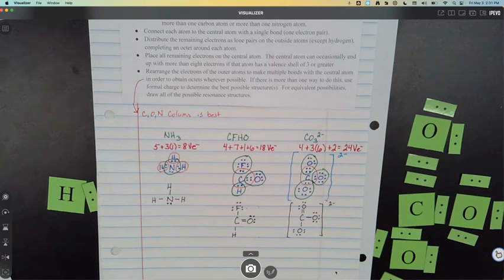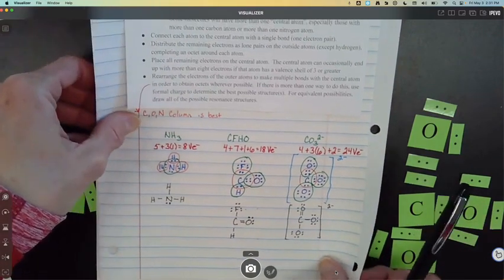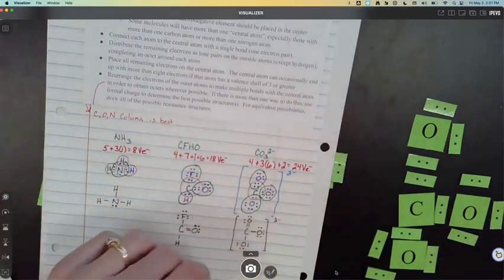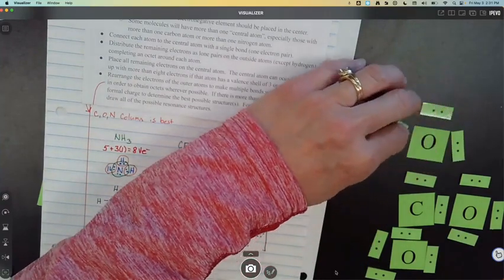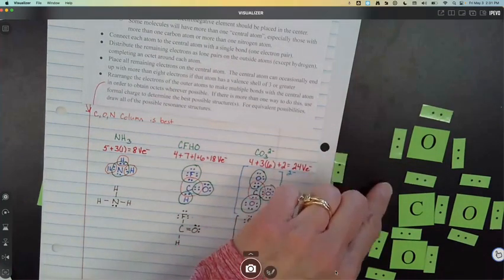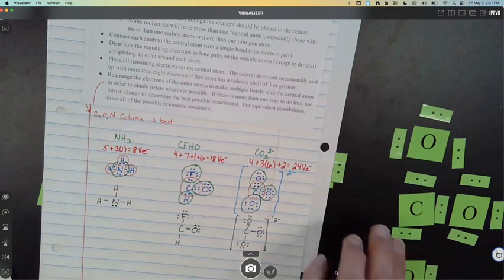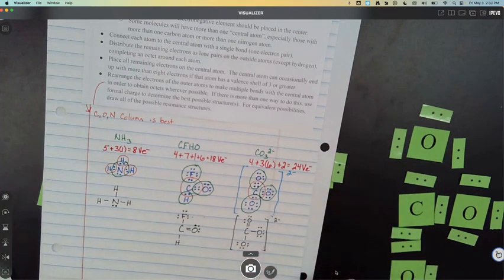Now, I do have a little smidgen of bad news about this guy. It's a just fine structure, so that's not the problem. However, we could have done it in more than one way. We had to make a decision. When we were at this point, we chose to move the electrons in off of this oxygen. We could have done it with the oxygen down at the bottom.